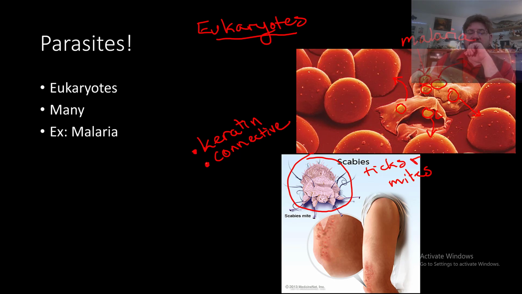So it feeds on the skin, and you get these inflammations anywhere where the scabies are buried under your skin. So you get a bunch of inflammation where the scabies is. Not a good time. So malaria infecting red blood cells. Malaria is a mosquito-borne disease.